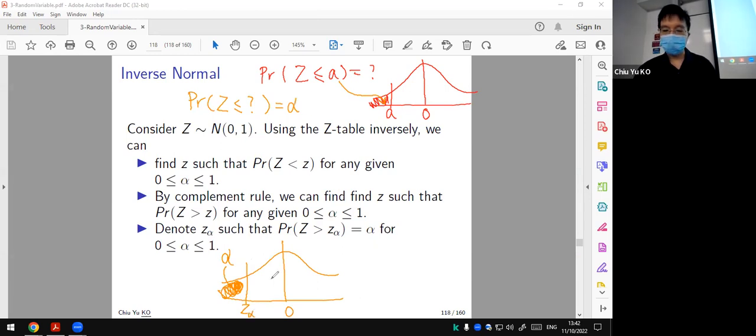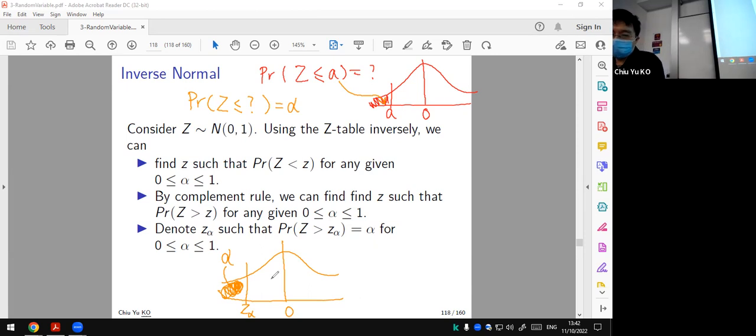That's called Z alpha, the same as in your slide. I give the probability alpha between 0 and 1. I want to ask what number in the standard normal is such that the probability of being less than that number is equal to alpha. Just reverse.